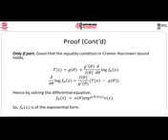Given that the equality condition in the Cramer-Rao lower bound holds, we have T(x) equals g(θ) plus g'(θ) by I(θ) times ∂/∂θ log f_θ(x). Differentiating both sides after taking logarithm, which implies ∂/∂θ log f_θ(x) equals I(θ) by g'(θ) times (T(x) minus g(θ)).